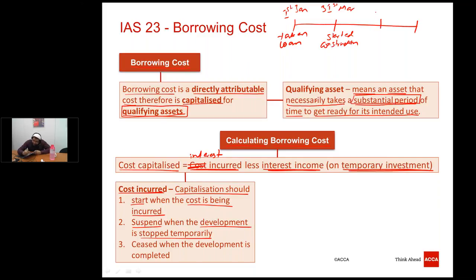And then on 30th June, we have temporarily stopped the construction. And we have resumed on 30th September.